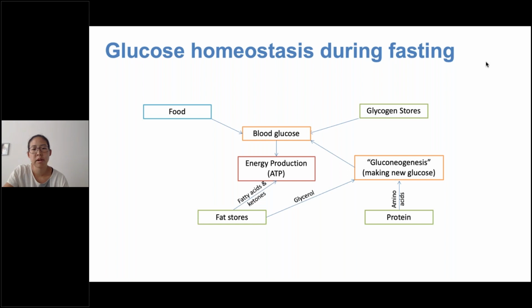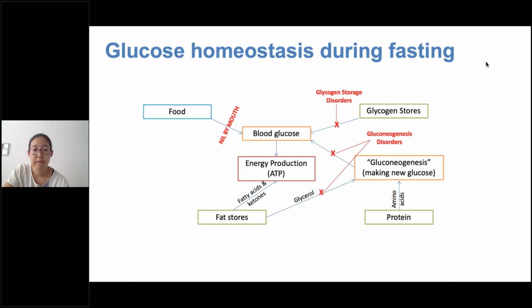So just from this diagram alone, you can see where things can go wrong. For example, if you stop eating, when a child goes nil by mouth for whatever reason, whether it's illness or they're fasting for an operative procedure. If there's a glycogen storage disorder, so you can't release glycogen and convert it into glucose to keep your blood sugar stable, or if you have a gluconeogenesis disorder.